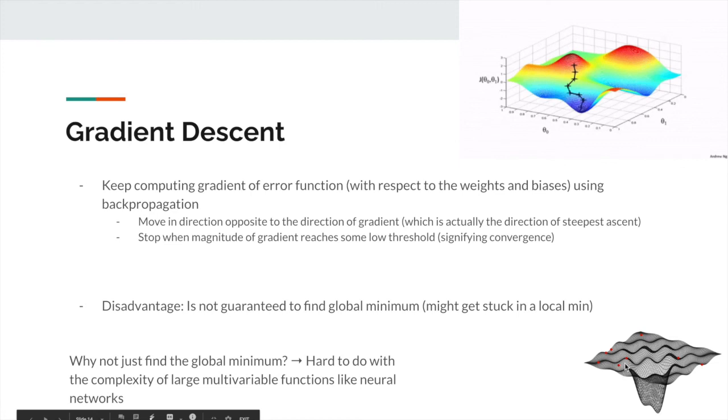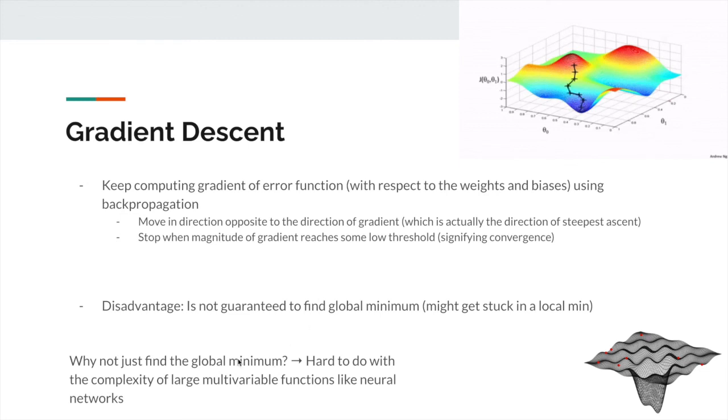In this graph we show many different local minimums, and so that is always a risk. For example, in this gradient descent animation, you could get stuck here or here. It's almost by luck that you converged over here. So that's always a risk, but usually gradient descent results in pretty good performance.